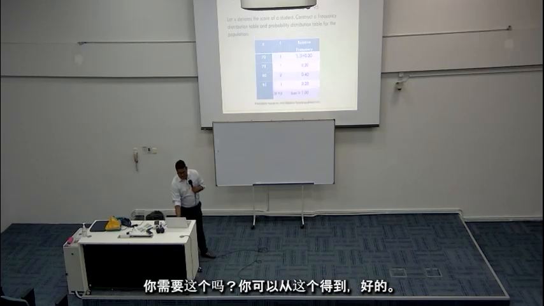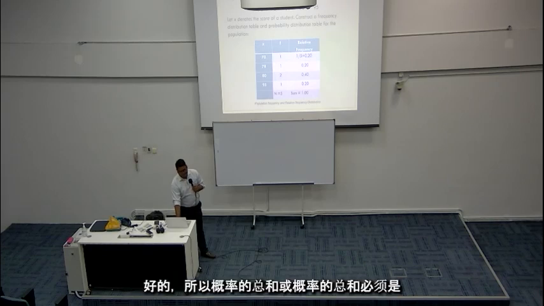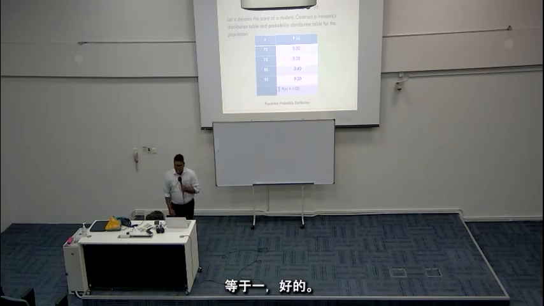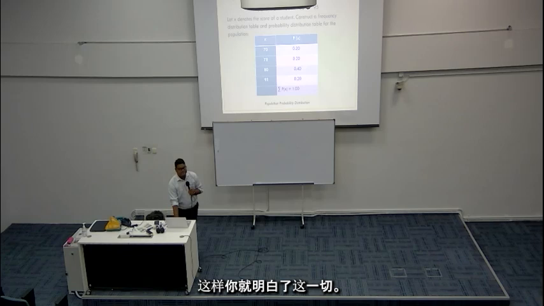You can get this from the relative frequency. The total summation of probability must be equal to 1. This is the population distribution.